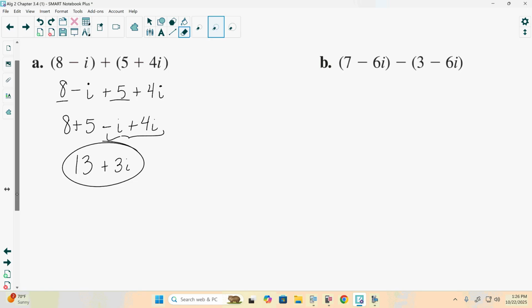If we look at b, (7 minus 6i) minus (3 minus 6i), we can drop the parentheses with the first. It's still going to be 7 minus 6i. Now with the second one, we've got to distribute this negative, which is going to turn our positive 3 into negative 3. It's going to turn our negative 6i into positive 6i. We can move it around and get our like terms next to each other.